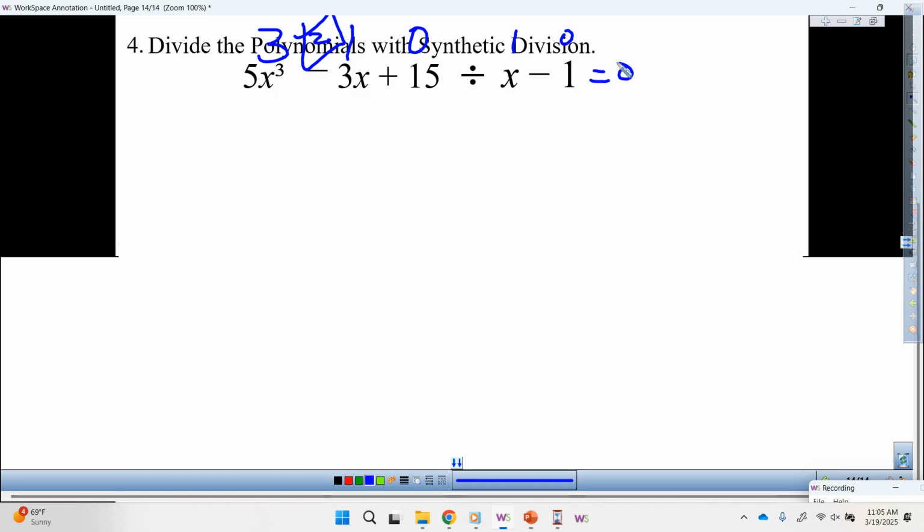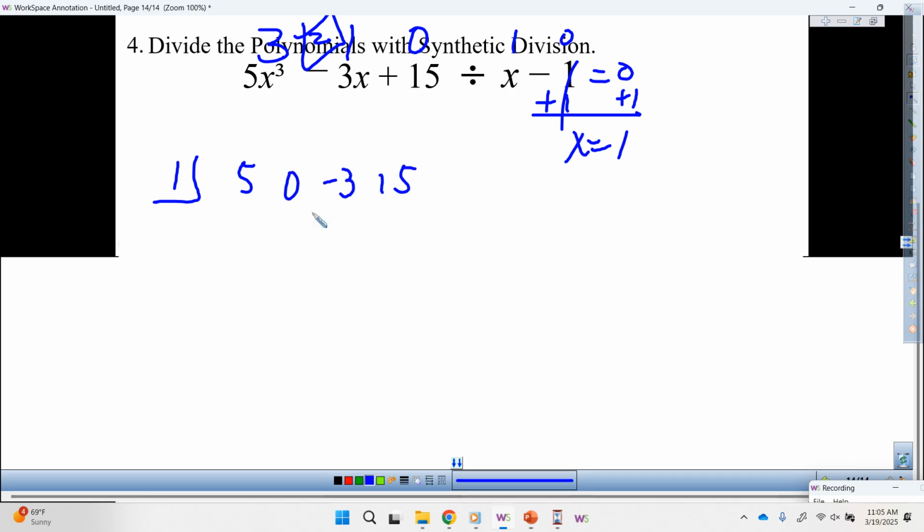Set it equal to 0. Solve. +1 +1, x equals 1. So that's my divisor. My coefficients are 5, for the second degree is 0, -3, and 15. Bring down the 5. 1 times 5 is 5. Combine, that's 5. 1 times 5 is 5.